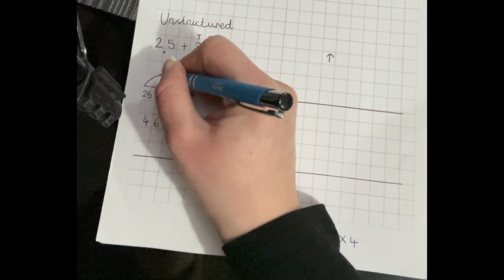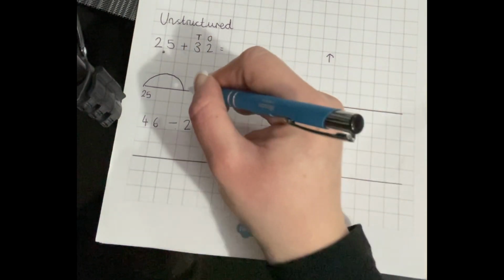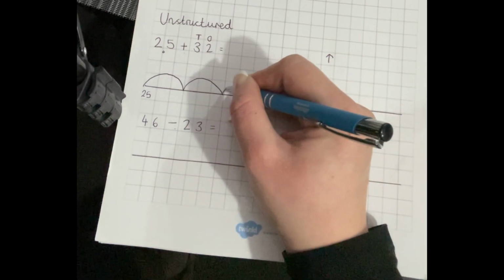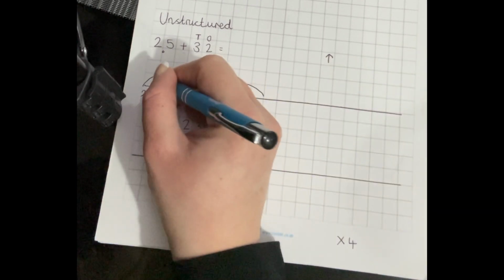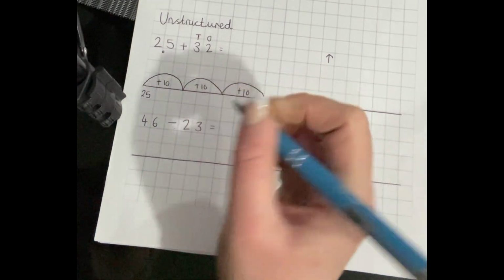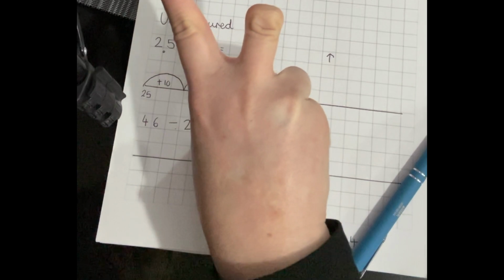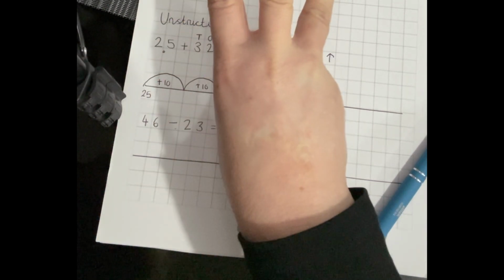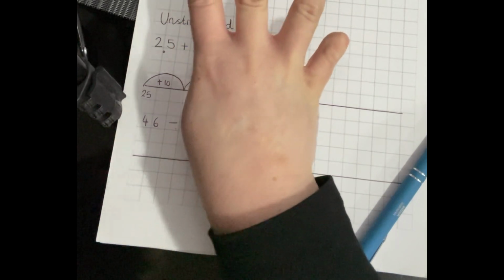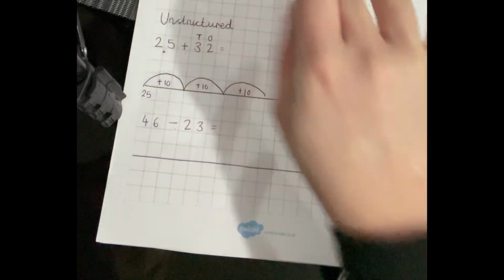Now one jump is usually 3 squares big, and I need to do 3 of those. So 1, 2, 3. And I write add 10 in my jumps. And then I add 10. So 25 becomes 35, 35 becomes 45, and 45 becomes 55.